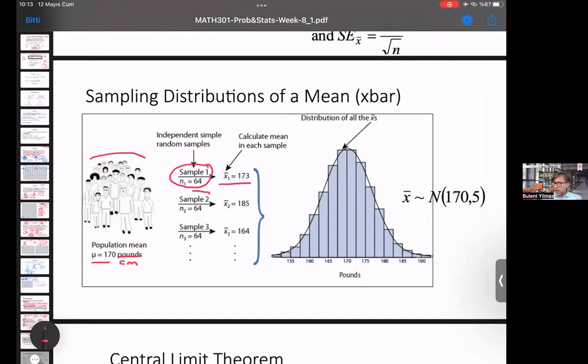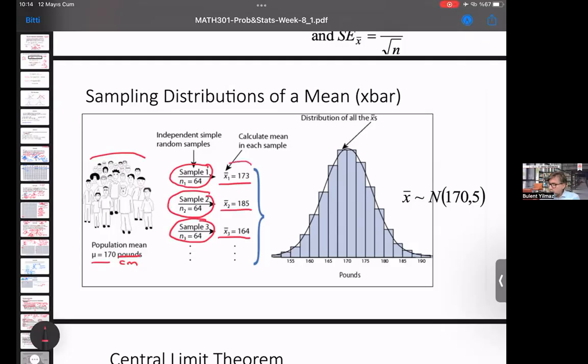I take another sample, which is 185. I take another sample, which is 164. Is it possible to have different samples with different average heights? Yes, it is possible, right? There might be different people whom I choose. Some of them are shorter, some of them are taller.